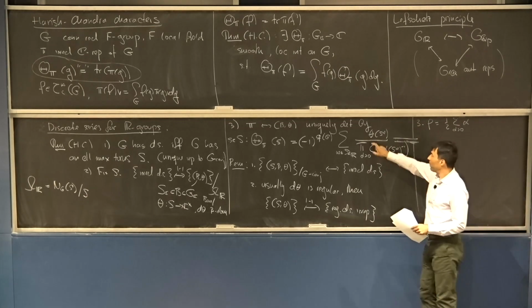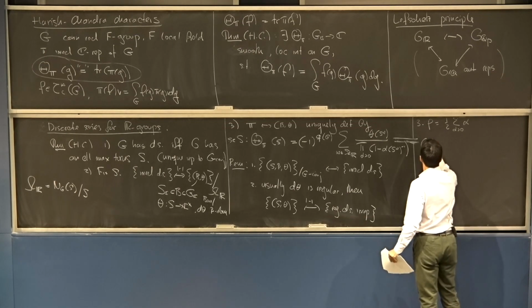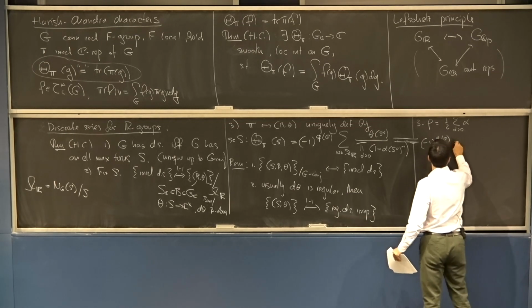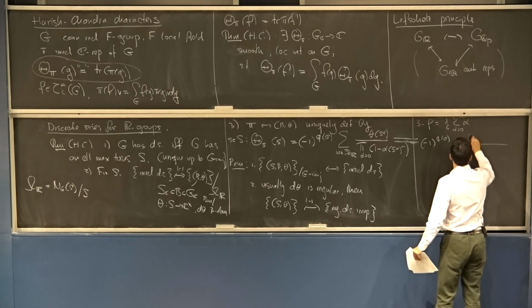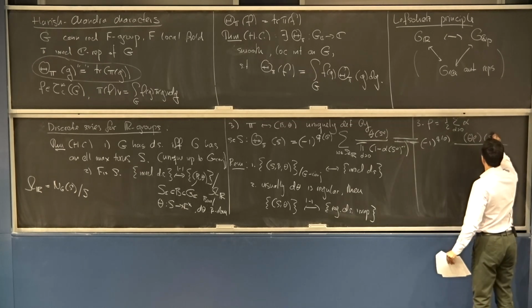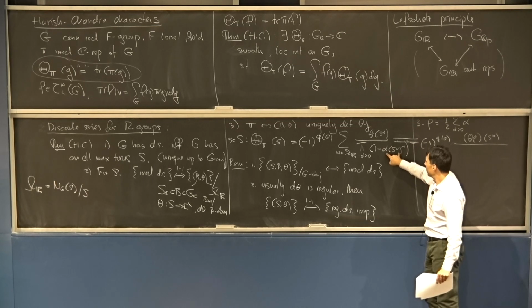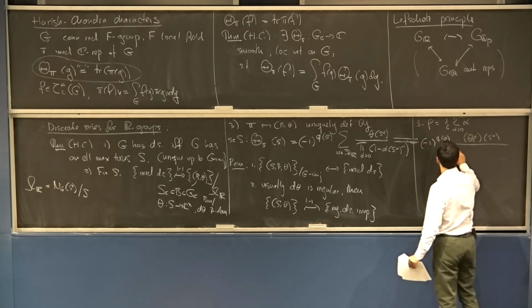Well, let's multiply both numerator and denominator by this rho. If you do this, then of course in the numerator you're going to have theta times rho. And in the denominator, you cancel half of this negative, and you add half here.